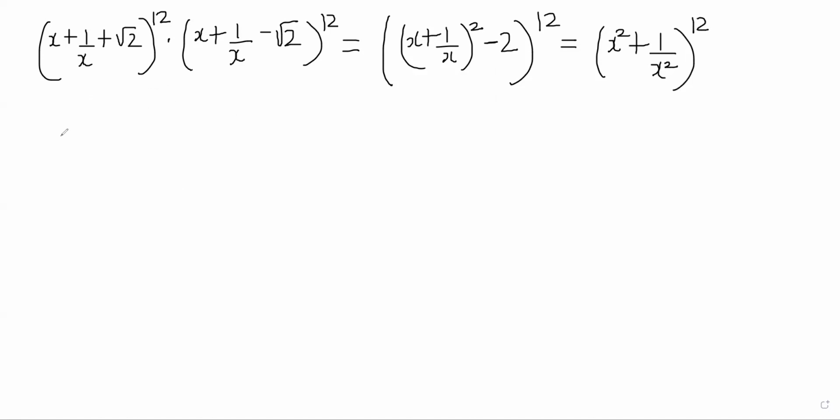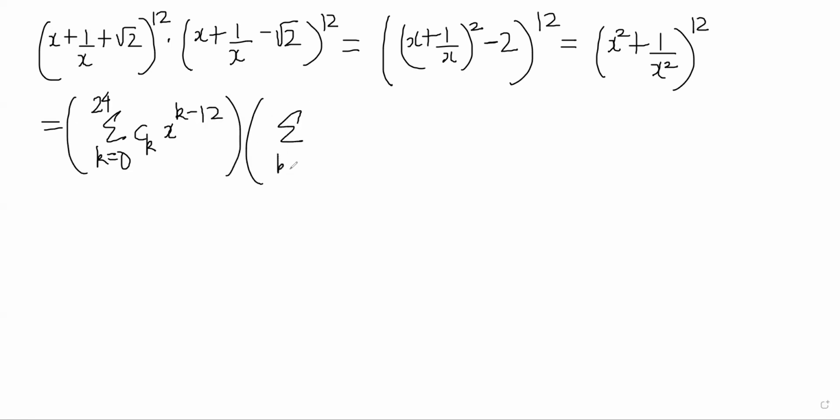And now what was on the right hand side? The right hand side was equal to summation k goes from 0 to 24 of ck x power k minus 12, multiplied by summation k goes from 0 to 12 of ck minus 1 power k minus 12 times x power 12 minus k, right?